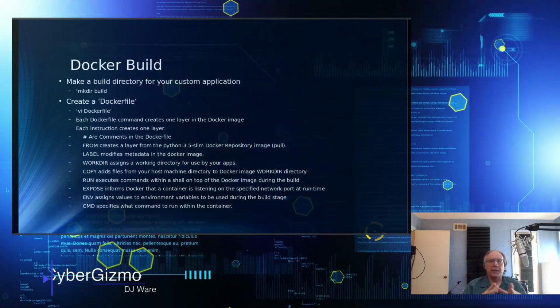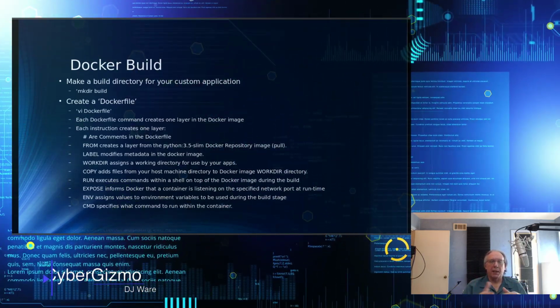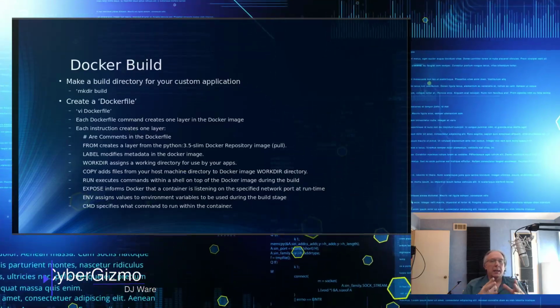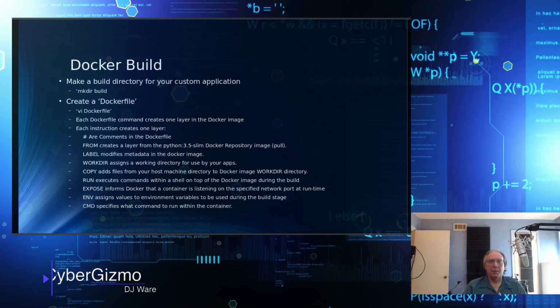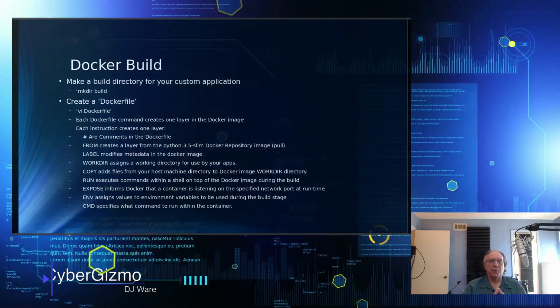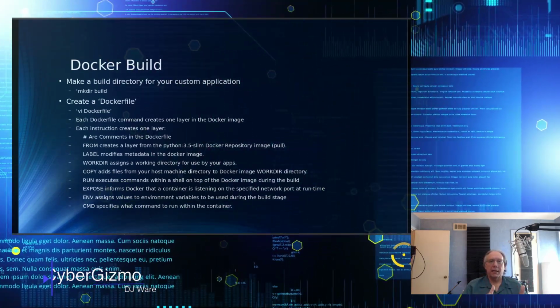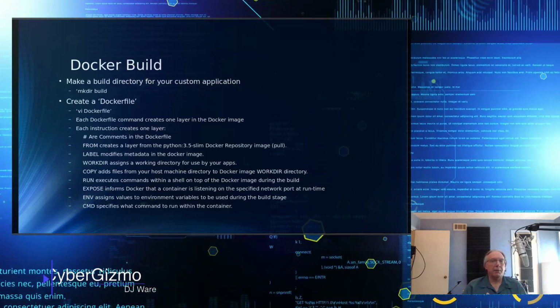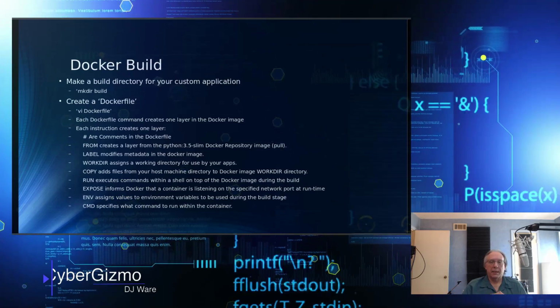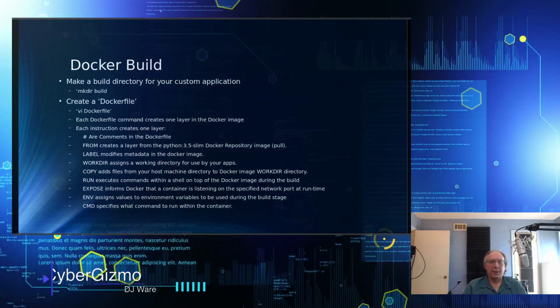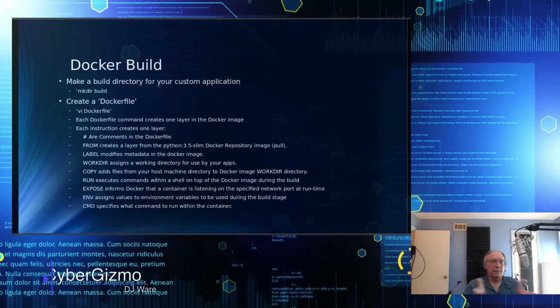Expose is you're telling it that I have a network port that I want to make available to the outside. In the course of building the image, it won't actually make that port available. It's just a placeholder that says to the Docker engine, my application is giving permission for this port to be exposed. And it's up to the person that creates the container whether or not to use that particular port.